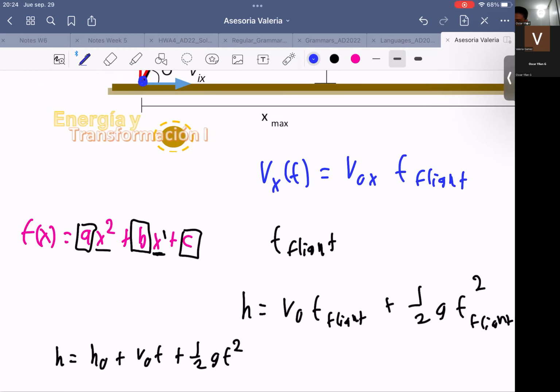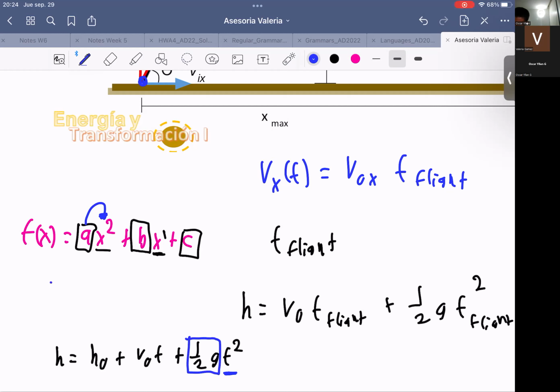So let's see the equivalencies, because both of them are quadratic equations. A is the one that is multiplying our unknown squared. In here, our unknown squared is the time. What is multiplying the time squared?